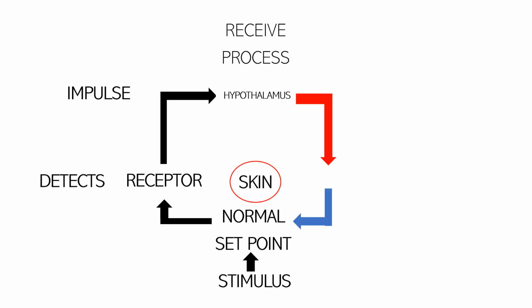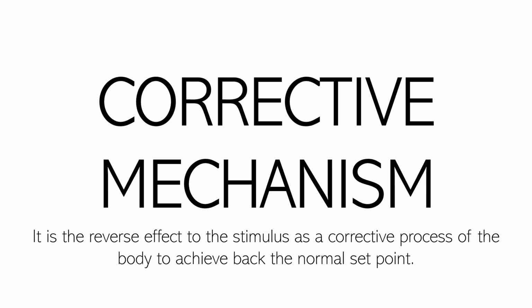After the hypothalamus receives and processes the impulse, it will give a corrective response as a corrective mechanism. Usually, it is the reverse effect to the stimulus. Corrective mechanism. It is the reverse effect to the stimulus as a corrective response of the body to achieve back the normal set point.